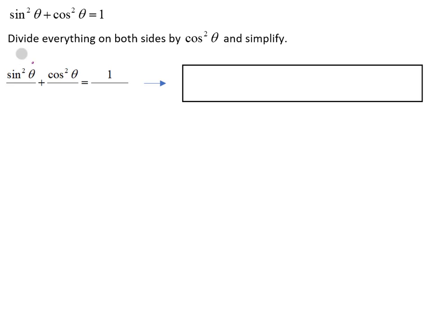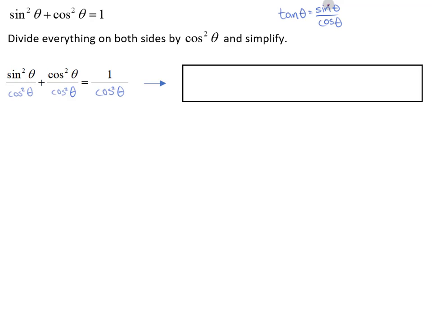So let's take the Pythagorean identity we have, sine squared plus cosine squared equals 1. And we're going to divide everything on both sides by cosine squared of theta. So you get divided by cosine squared, you get divided by cosine squared, and you get divided by cosine squared. Well, you might remember, here's a review, tangent is equal to sine divided by cosine.